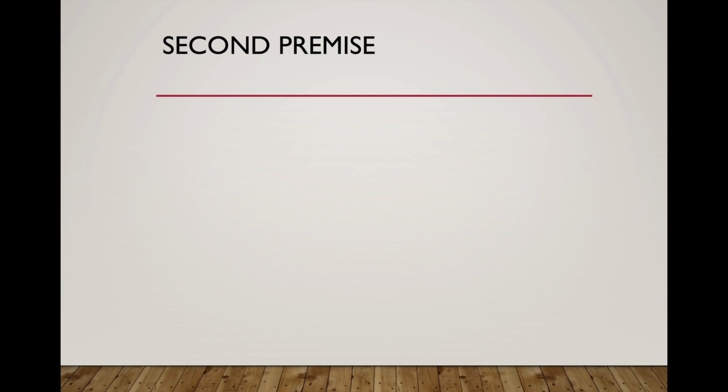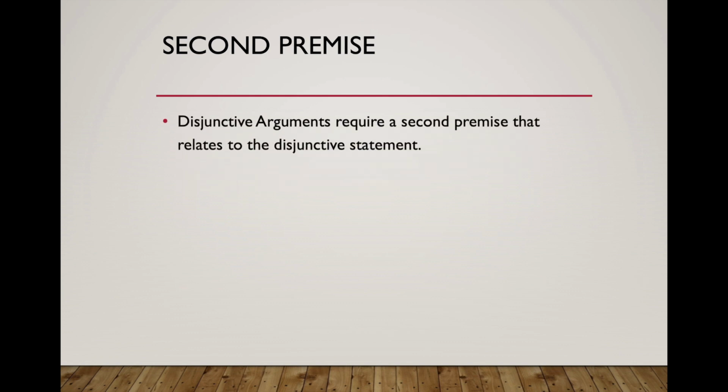You want to know, does the second premise refer to the first or second disjunct, and does it affirm or deny that disjunct, right? So disjunctive statements require a second premise that relates to that molecular or disjunctive statement.